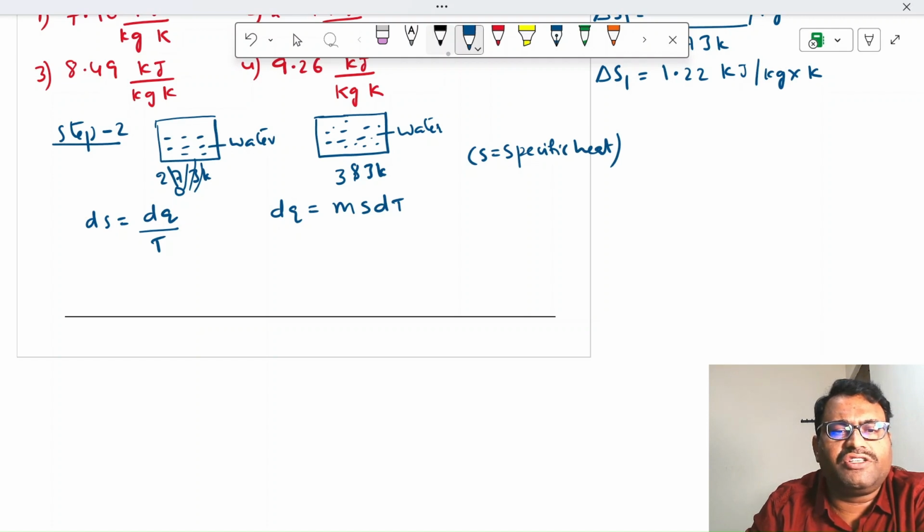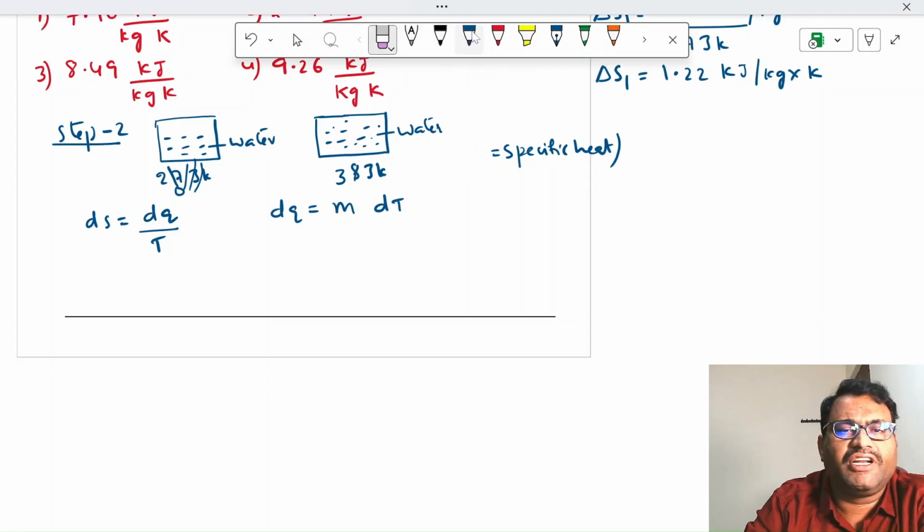You can also take it as C, it doesn't matter what letter you use. Generally we use s, but as we have S for entropy here, we can also use C. Let us take C, specific heat. As this is all happening at constant pressure, we can take it as Cp, m Cp delta T.